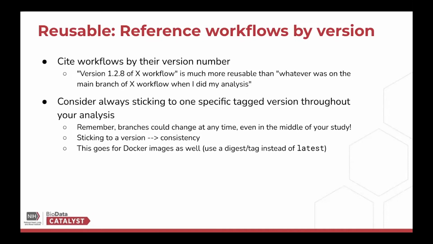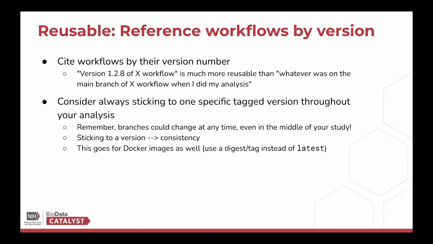But if you do that, there could be a change to that branch. And the next thing you know, half of your samples were done with one version of SAMtools and another with another. And this can easily be prevented by sticking to a specific version for some consistency. As a side note, this goes for Docker images as well. We recommend using a specific digest or tag instead of the latest. Of course, there might be certain reasons why people would prefer latest, so this isn't a hard and fast rule, just a general recommendation.